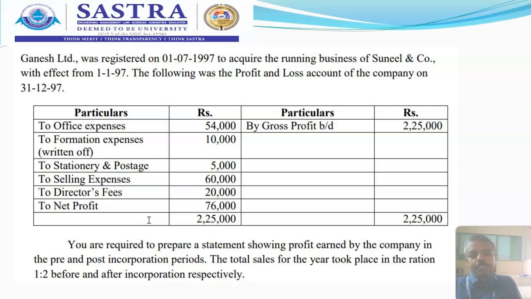If it is fixed nature, then use time ratio. If it is varying nature, then we may use sales ratio. If it is not a regular expense, then we may think about allocating it either to the pre-incorporation period or post-incorporation period based on the nature of that expense. Now, stationery and postage is purely of fixed expense nature, because it's a part of official works.